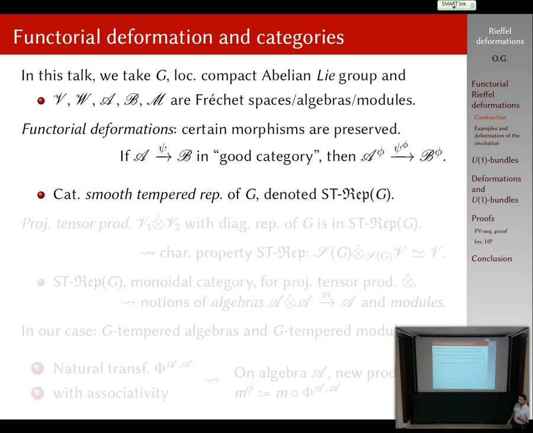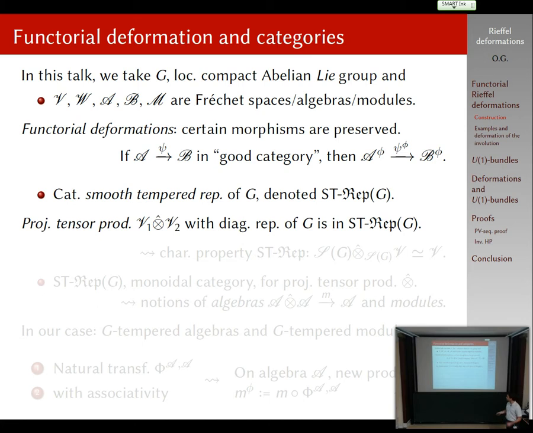Tempered, I'm not going to define right now, but I'll give a characterization in a second. So if you have a G action on A here and a G action on B here, which is smooth and tempered, and if psi is equivariant, then it's going to be preserved.